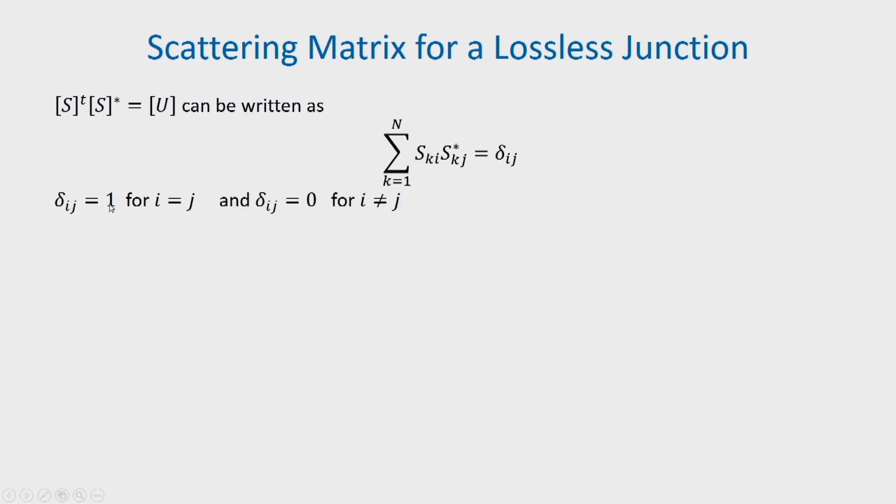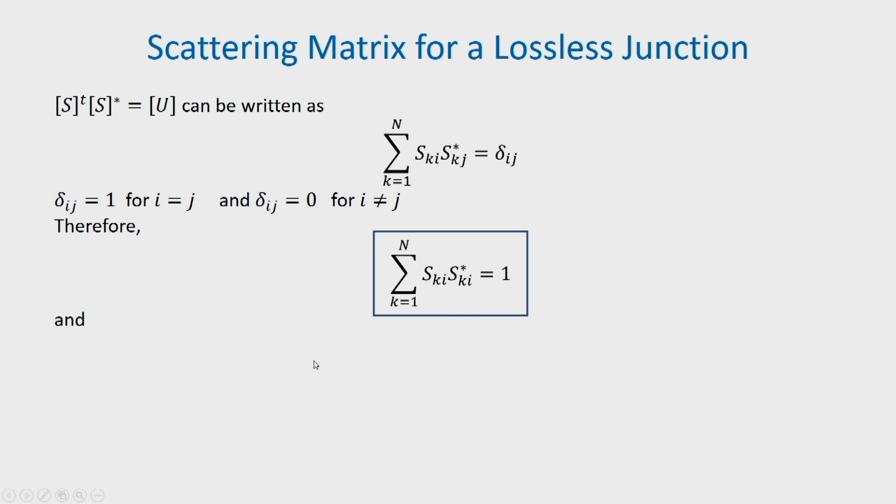Now, this delta i j is equal to 1 for i equal to j, and delta i j is equal to 0 for i not equal to j. Therefore, whenever i equal to j, we can write summation k equal to 1 to n S k i S k i conjugate is equal to 1. So this is the condition we derived earlier. This essentially represents the dot product of the elements of one column with the conjugate of the same column, that means the ith column.